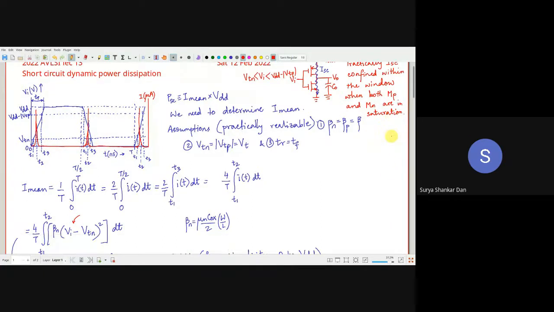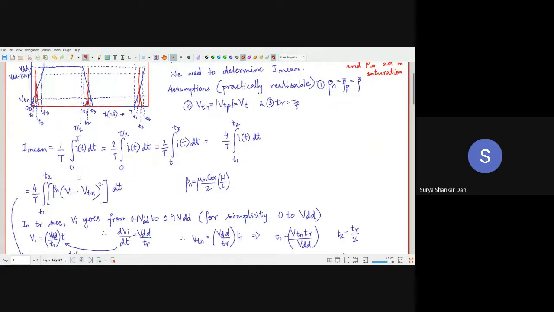Okay, इसीलिए हमने यहाँ पर सिर्फ बीटा एन लिखे हैं, but anyway remember beta n and beta p are the same. Okay, so I have chosen only the short circuit part, saturation part.